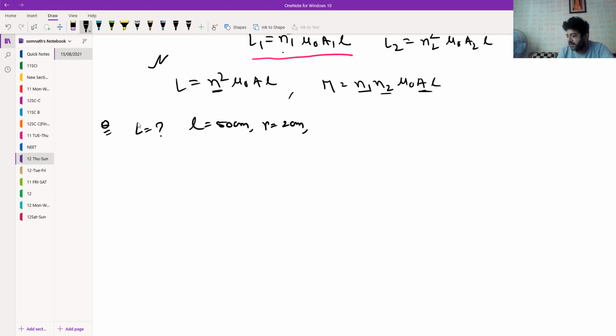If it has 500 turns, so 500 is the total number of turns.